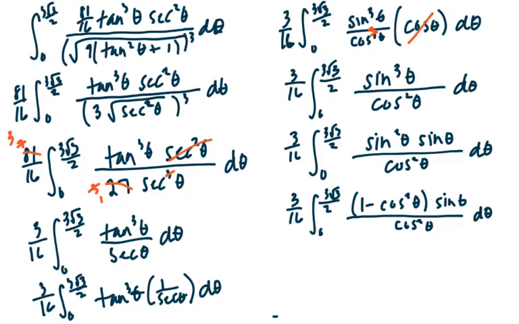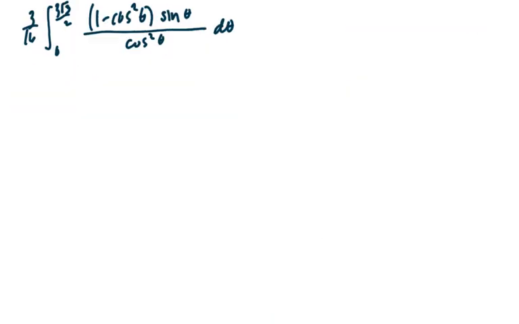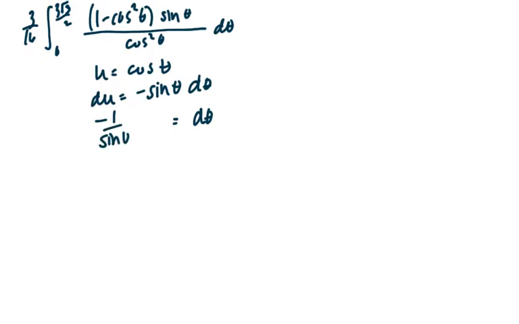Now, if we let u be cosine theta, du is sine theta, oh, that works out very nicely here. So let's pick this up on the next screen. Let's let u equal cosine of theta. Then du is negative sine theta d theta. So d theta is negative 1 over sine theta du.